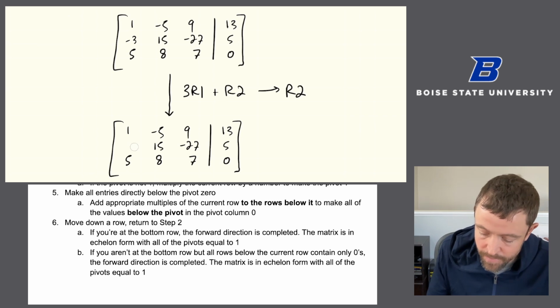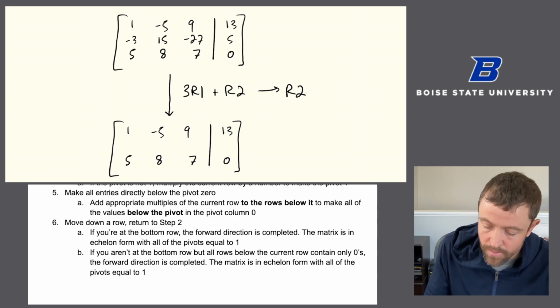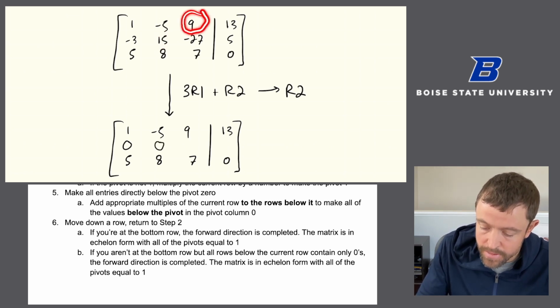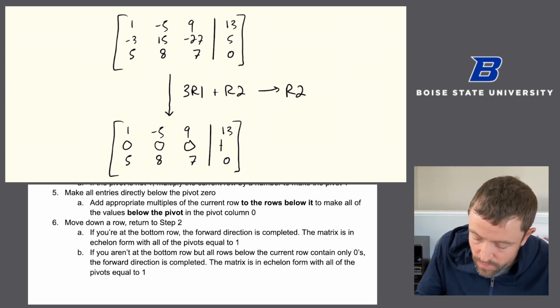Well, 3 times 1 is 3, plus negative 3 is 0. 3 times negative 5 is negative 15, plus 15 is 0. 3 times 9 is 27, plus negative 27 is 0. 3 times 13 is 39. 39 plus 5 is 44.